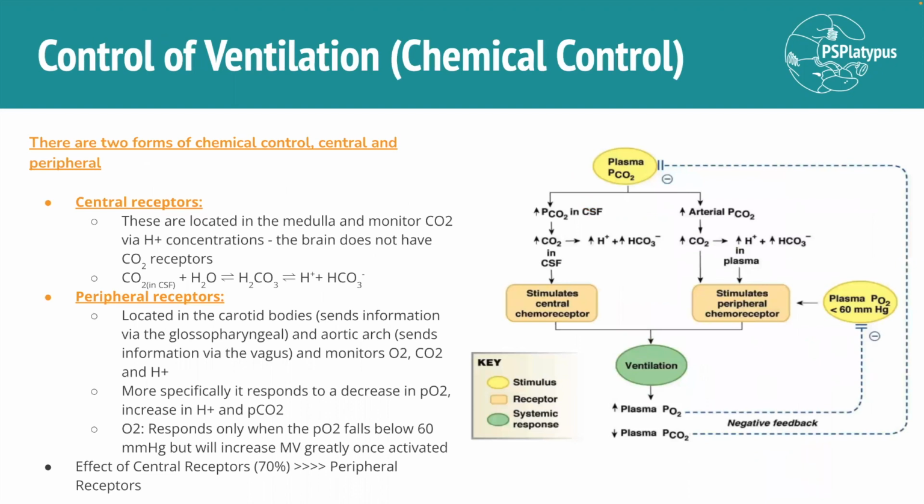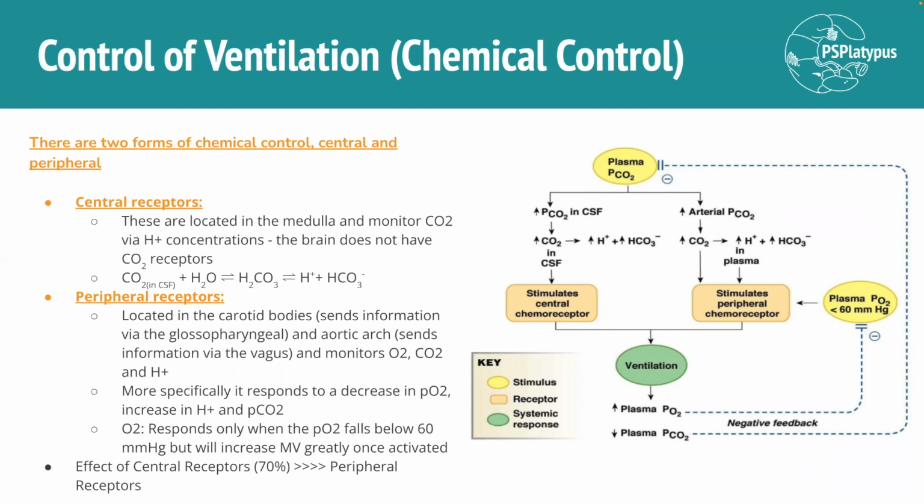Next, we have the control of ventilation, or the chemical control, or our receptors that act to provide information to our VRG, or pre-Botzinger complex, to modulate the breathing. These are divided into our central receptors and our peripheral receptors. Peripheral receptors are pretty straightforward.